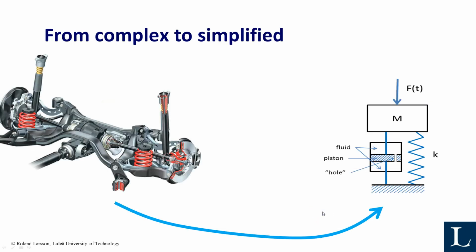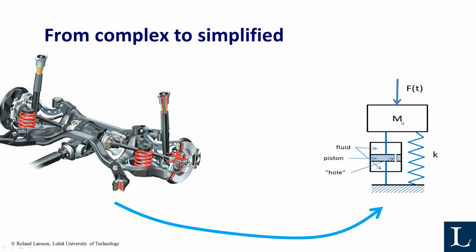Well, then I made the following simplification. As I said, it looks pretty complex, but in reality it's a spring and it's a damper, and there is some metal around it. It's the wheel and has some weight, some mass.